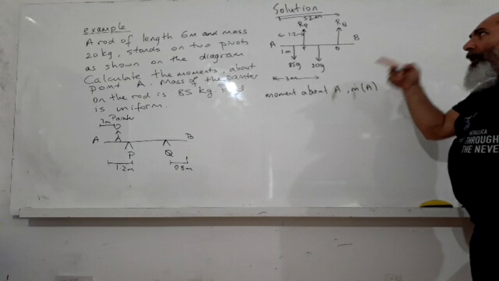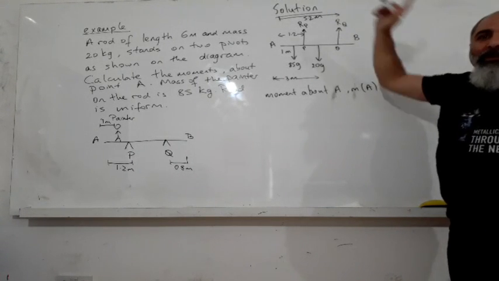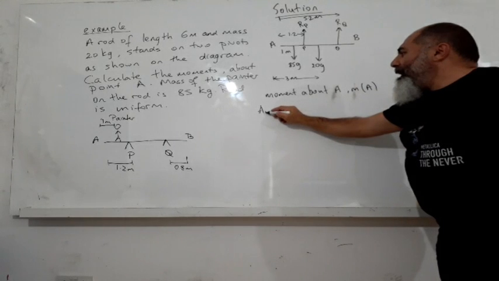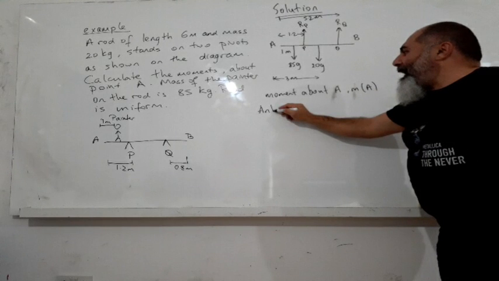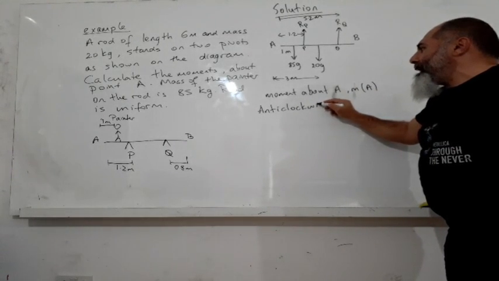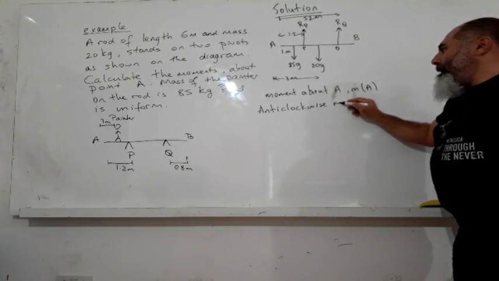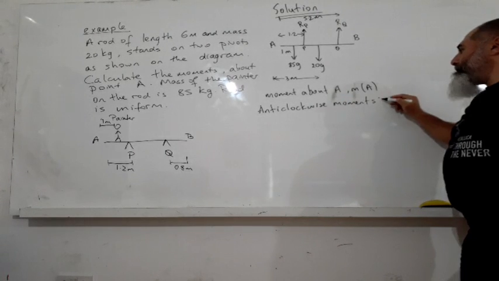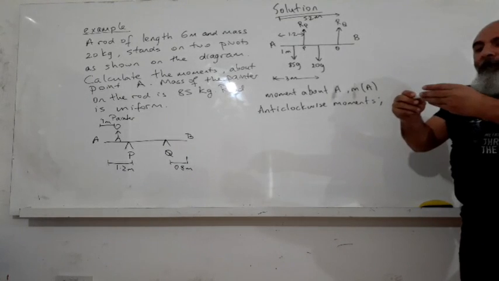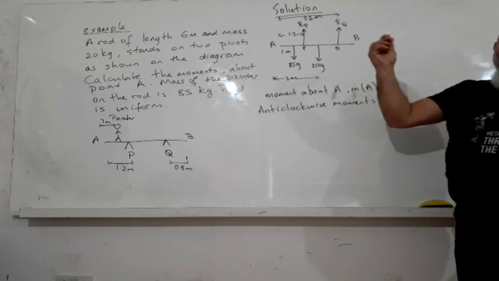So first of all, let's calculate the anti-clockwise moments about point A. This is our rod. Point P is the pivot point.